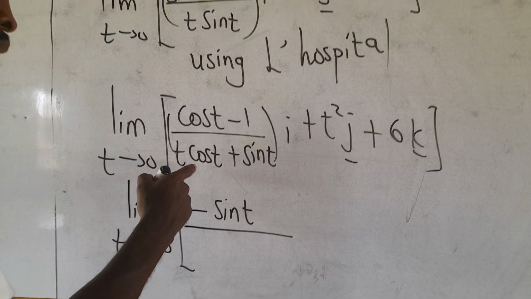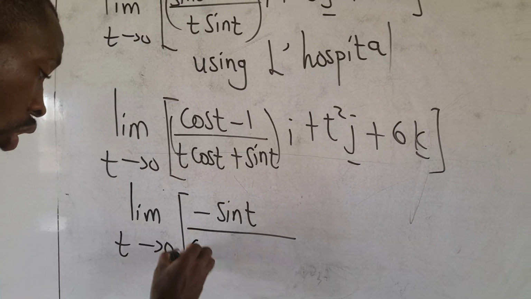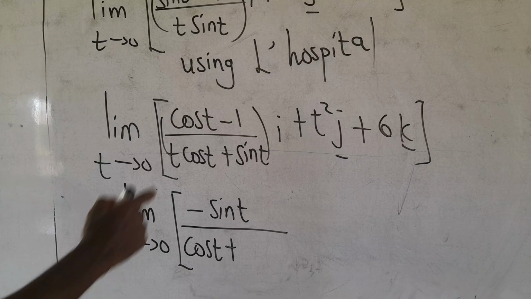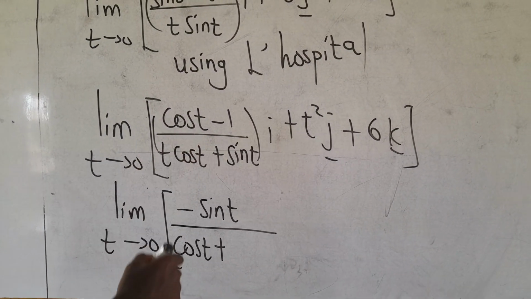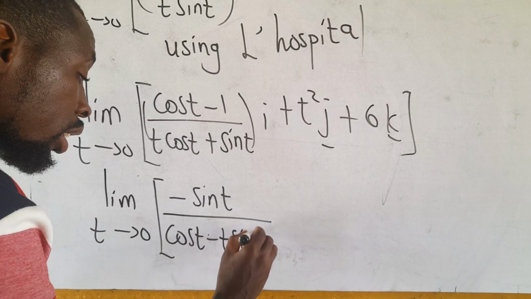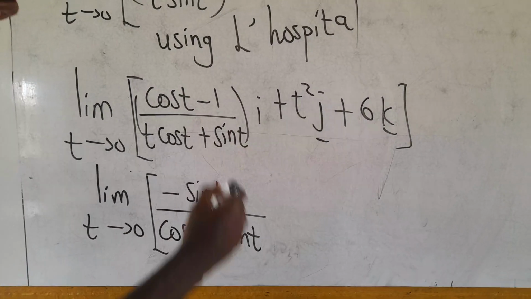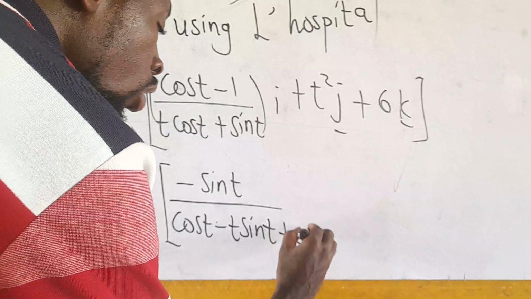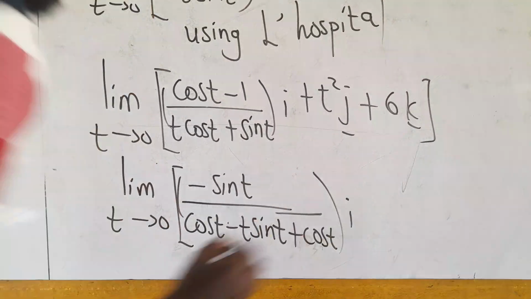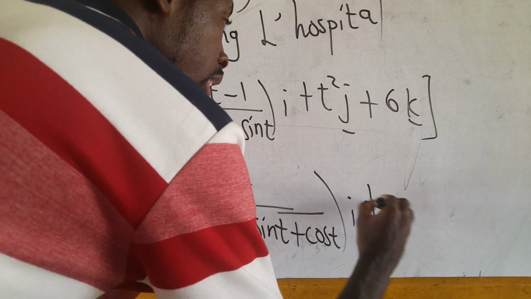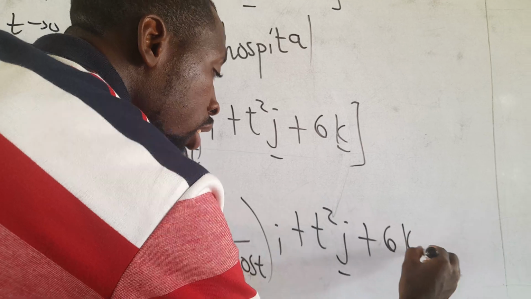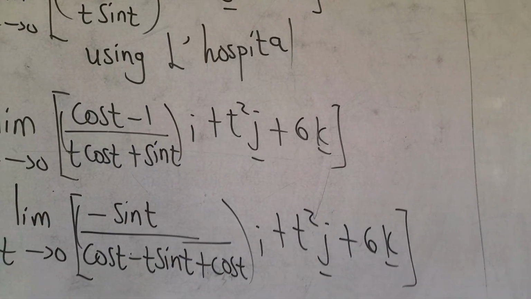We'll keep cos t and differentiate t, we'll get cos t, then plus, now we'll keep t and differentiate cos t, we'll get negative, so we'll have minus t sine t. Then we'll differentiate sine t, we'll get cos t again. And all this is in the i direction. Then plus t squared in the j direction, then plus 6 in the k direction.